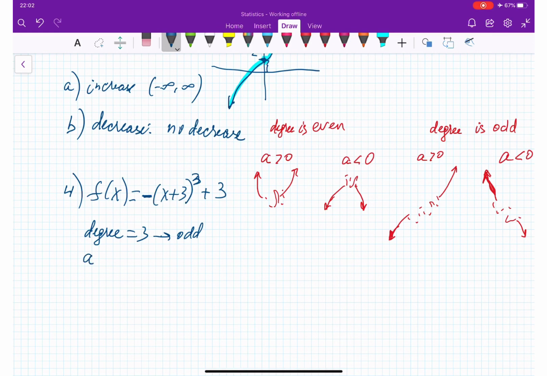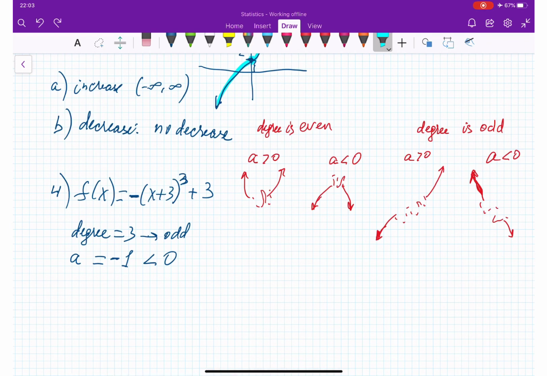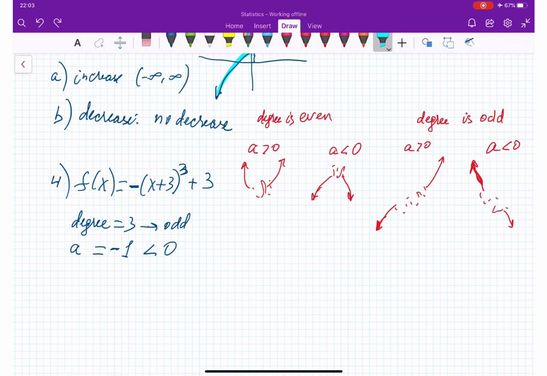Coefficient a is this one, that is -1, yes? Because it's -1, which is less than 0. So odd and less than 0, this is going to be our shape, yes? Okay? So we know it's going to look like that.